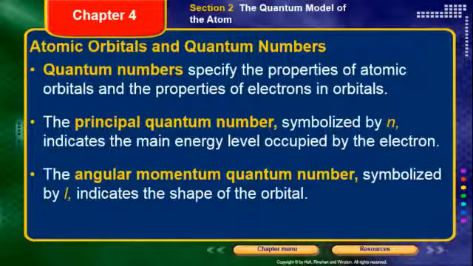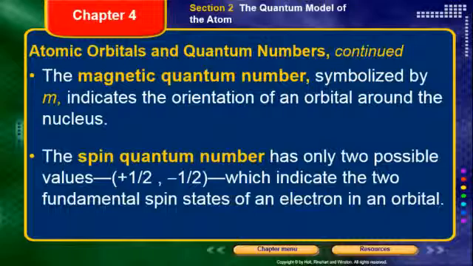It indicates the shape. All right, so we have the main energy level, symbolized by n. We have the shape that orbital takes, represented by a lowercase l. Then we have the magnetic quantum number, symbolized by a lowercase m, which indicates the orientation of an orbital around the nucleus.